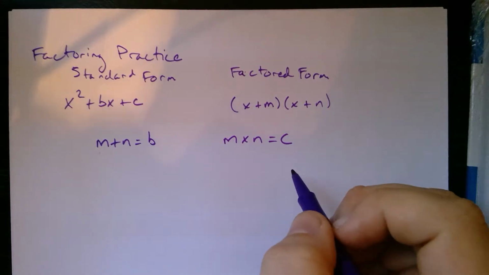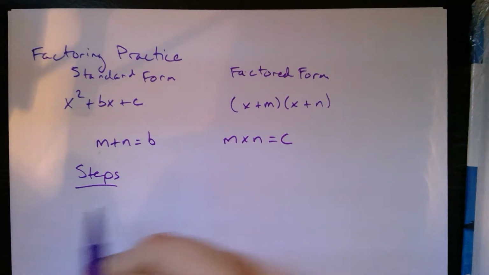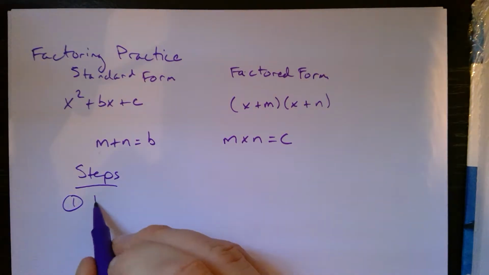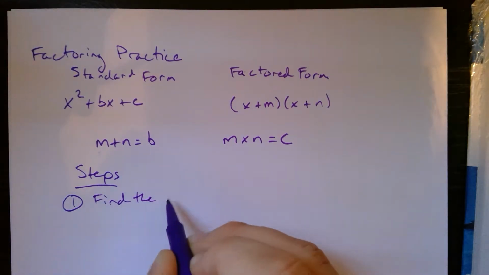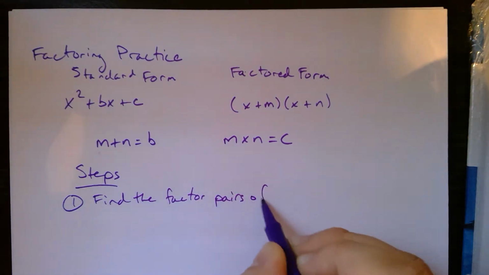So now we're going to go through our steps again. So if you did not get these down in class last week or were absent, now would be a good time to write these down, and then we'll do some examples to go along with them. So our first step is to find the factor pairs of c.